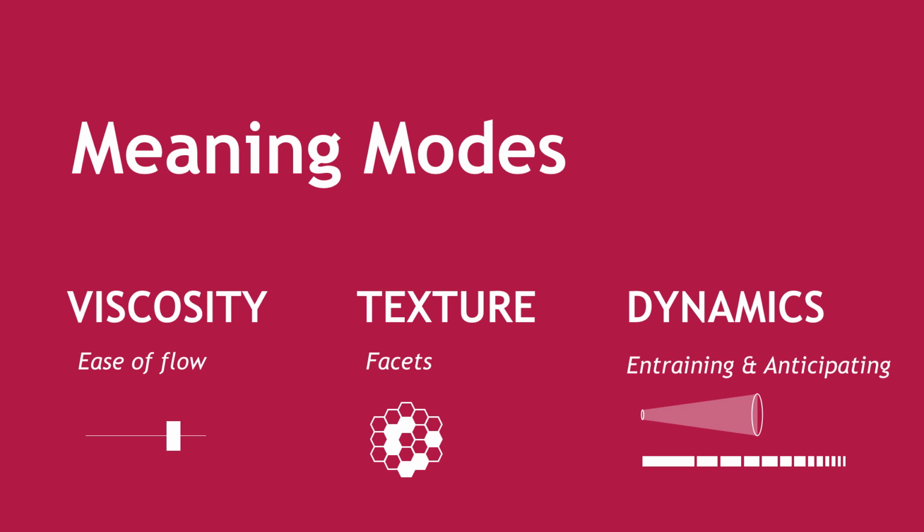And sometimes we want very high precision. We want to embrace that. So that's a little bit about some of these aspects of the flow of meaning that we can dial in as designers when we make decisions about the information in our designs. And we can facilitate particular meaning modes that will suit our situation.